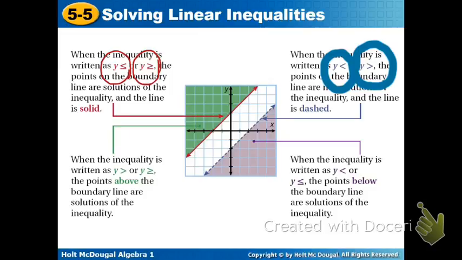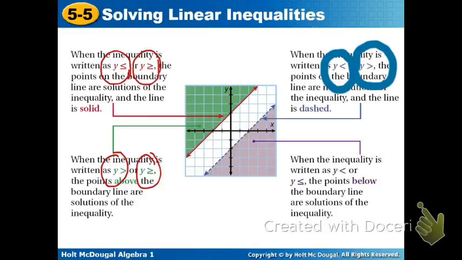Okay, now what also has to happen with inequalities is we have to shade. And shading again is all based on whatever the symbol looks like. So if we're dealing with a symbol that is greater than or greater than or equal to, most people can normally just say, oh, if it's greater than or greater than and equal to, I know I need to shade on the top of the line.